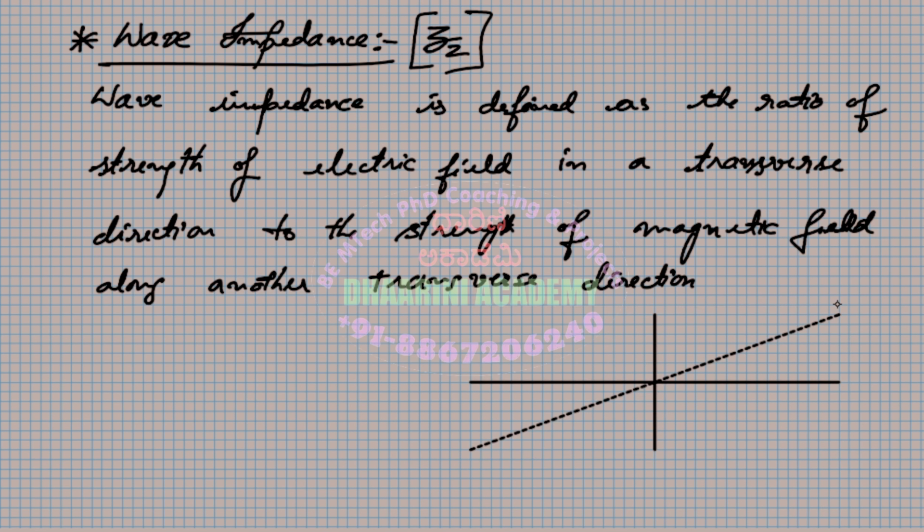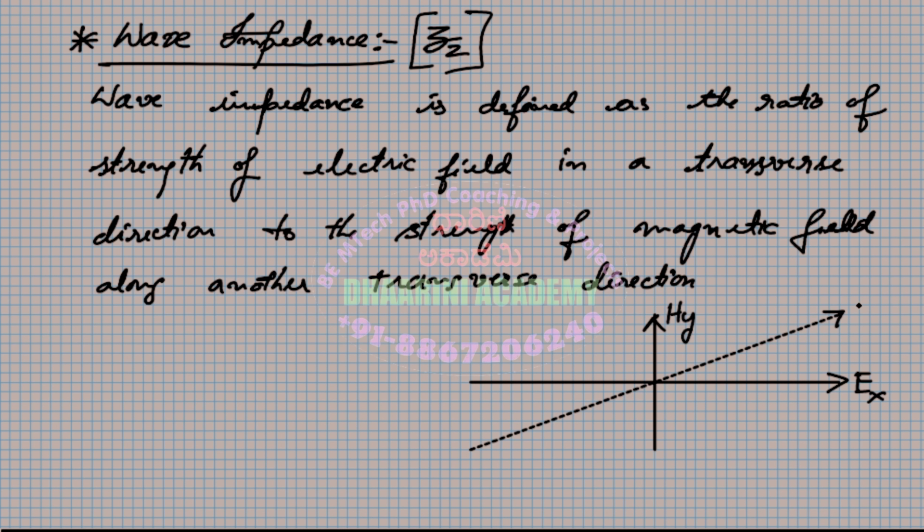Now let me mark the directions. Let me say that I have the electric field along this direction, so Ex is this way. I should have at least one component Hy so that you have the wave propagating in the z direction. If you want the wave to be propagating in the opposite direction, then I should have Ey here, but it is negative because it is going downwards.